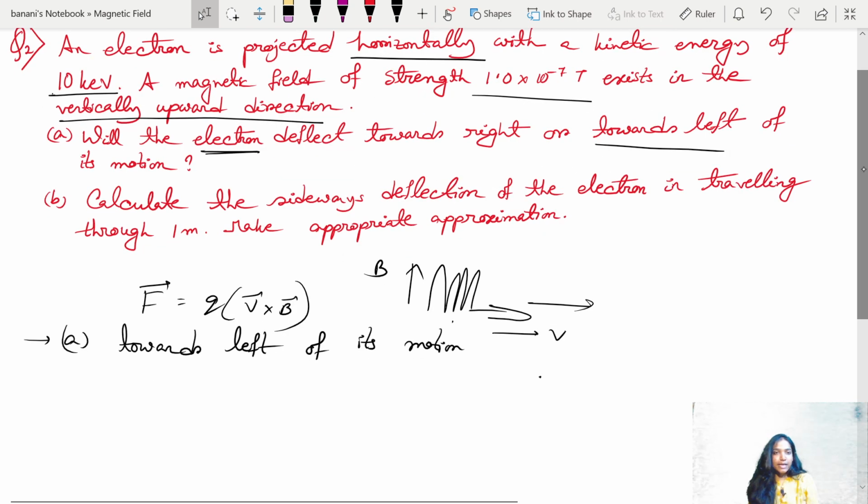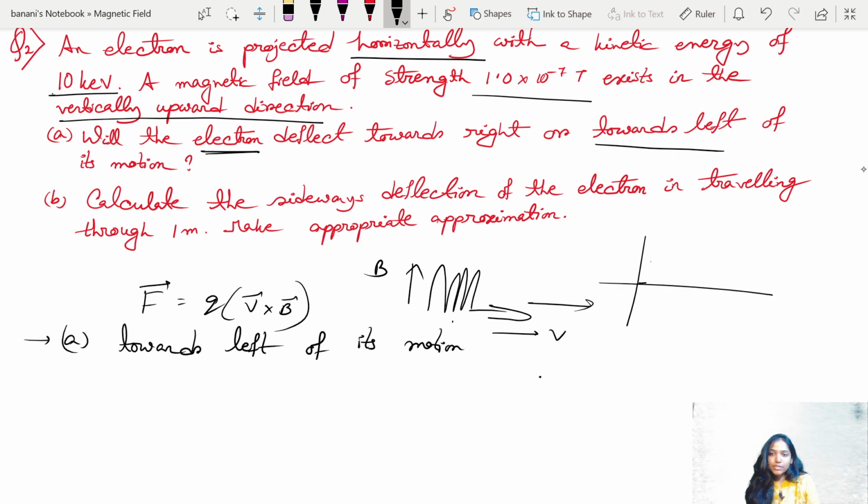It says calculate the sideways deflection of the electron in travelling through 1 meter and make approximation. So it is going in this direction, and if it goes along the x-axis 1 meter, it is deflecting towards the left, and how much will the deflection be?